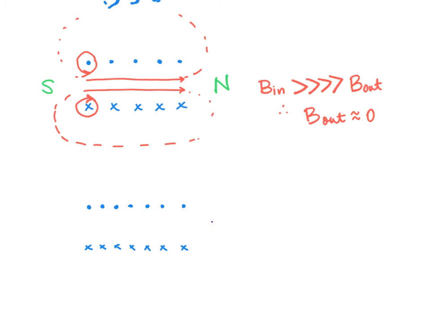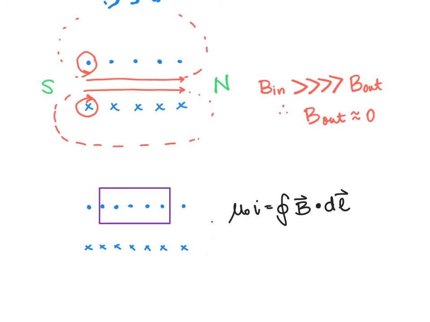So let's look at this purple loop as being our closed path to integrate about. Remember, using Ampere's law, the closed line integral of B dot dl equals mu naught I enclosed. B is the magnetic field strength, and this is dotted with the length.